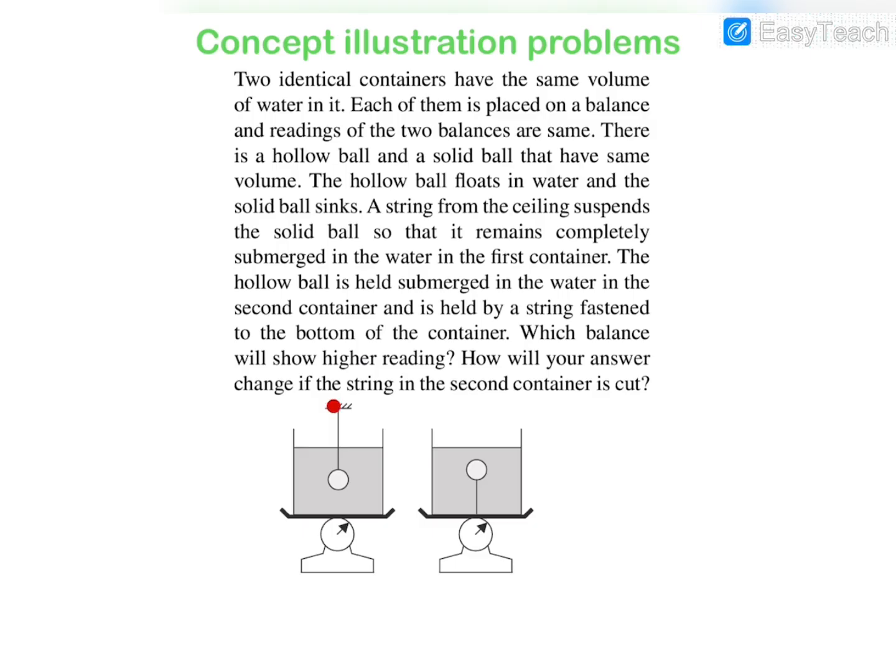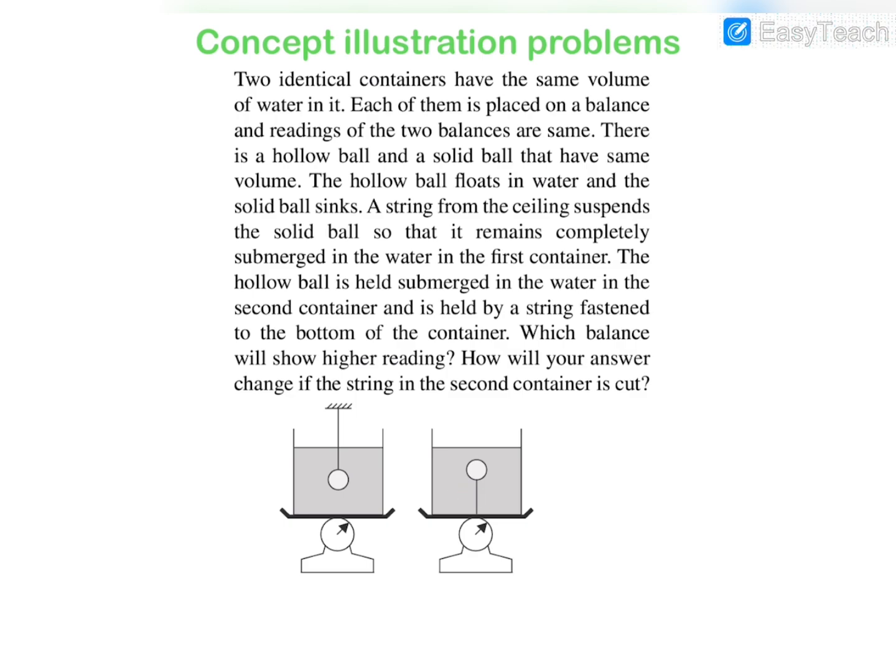It is connected with a string which is connected to the roof somewhere out of this system, and this ball will sink down to the bottom if this string is removed, and the other ball will float up to the top if its string is removed.